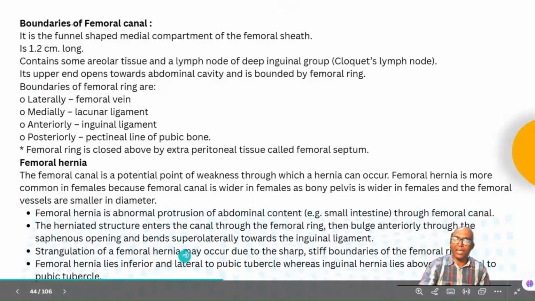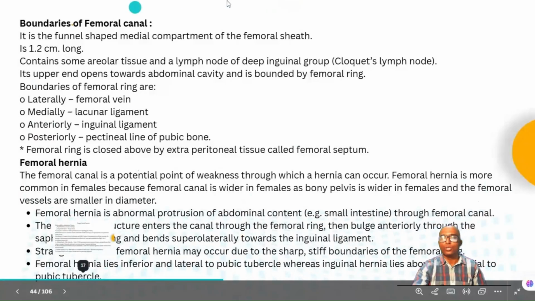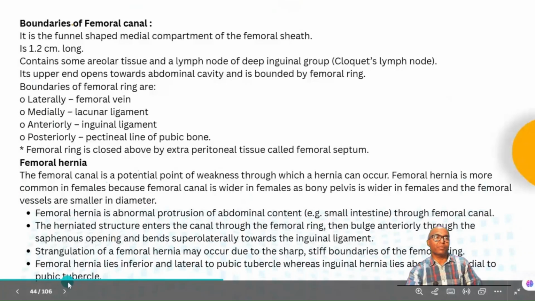Strangulation of the femoral hernia may occur due to the sharp, stiff boundaries of the femoral ring. Femoral hernia lies inferior and lateral to the pubic tubercle, while the inguinal hernia lies above and medial to the pubic tubercle. So this is also one of the things which you should remember.